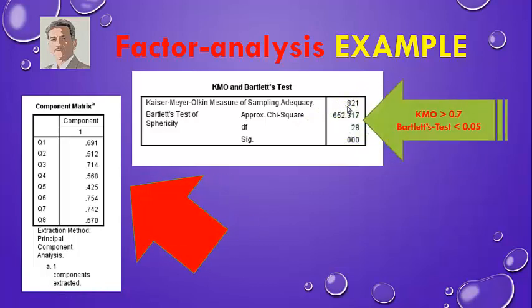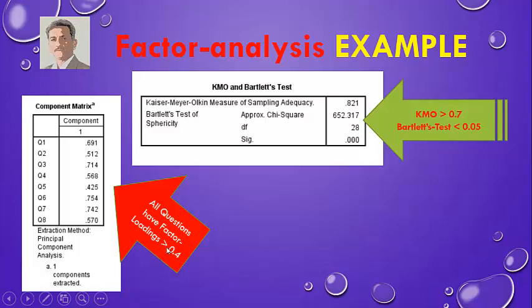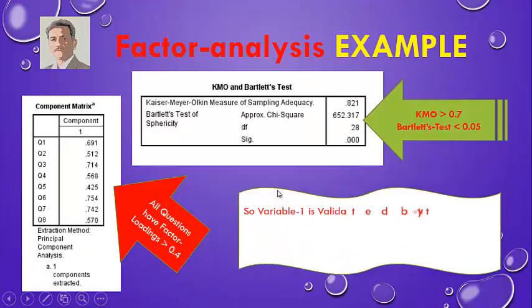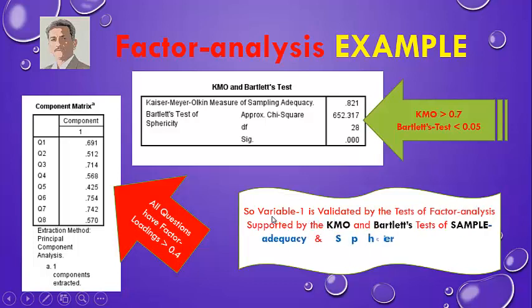So all questions have factor loading greater than 0.4. Therefore, on the first variable the decision will be that variable 1 is validated by the tests of factor analysis supported by the KMO and Bartlett test of sample adequacy and sphericity or suitability of data respectively.